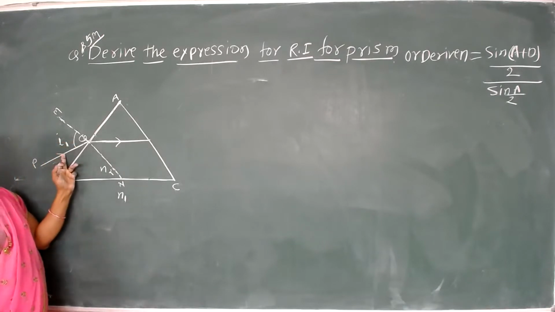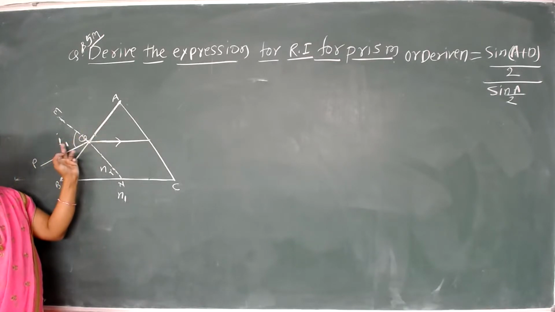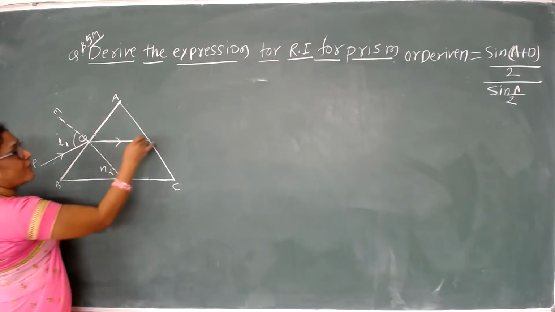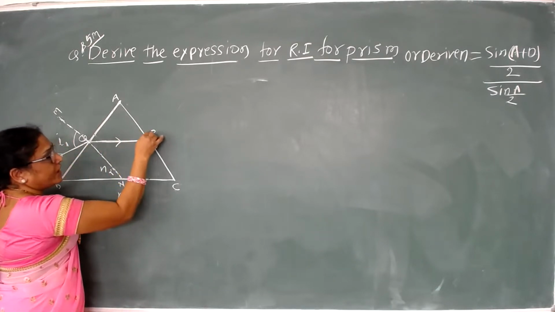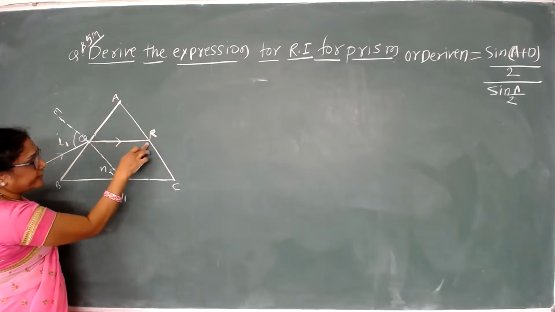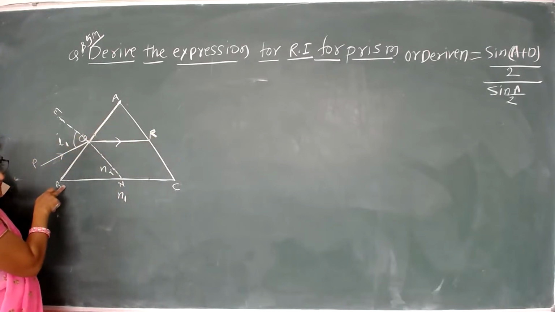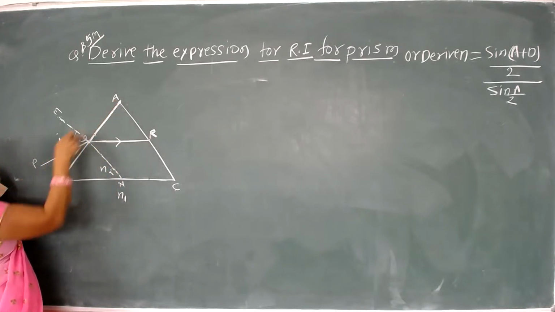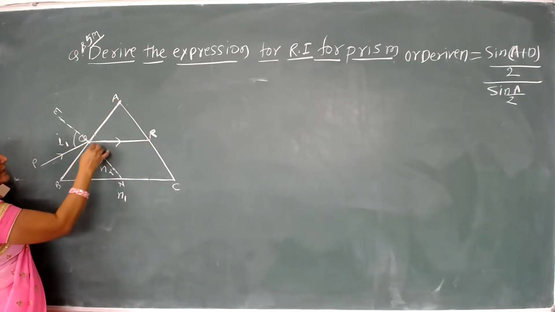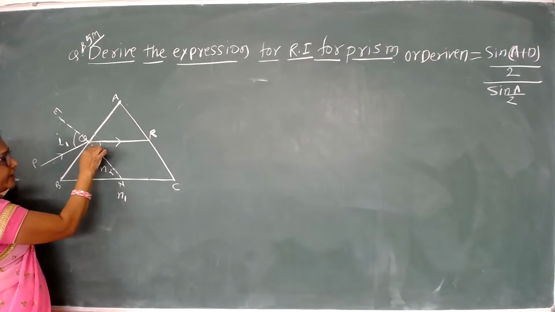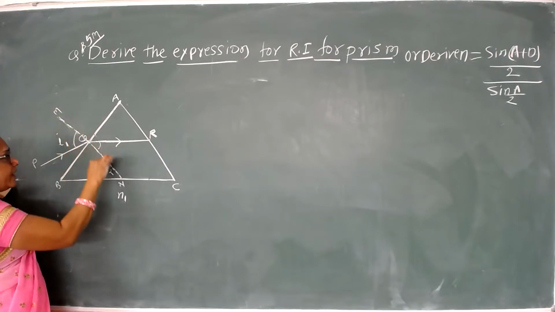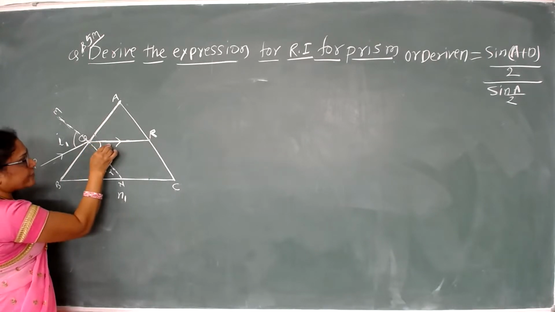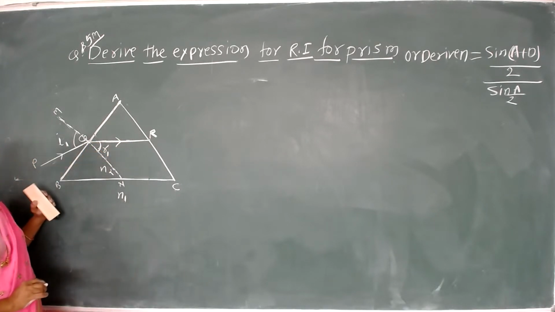Then here suppose QR be the refracted ray for the first surface AB. Then the angle which is found in between the normal ray and the refracted ray is known as the angle of refraction, that is R1.